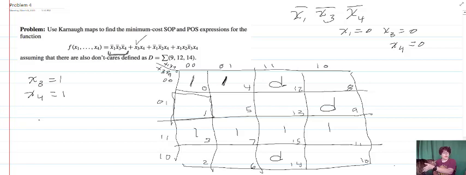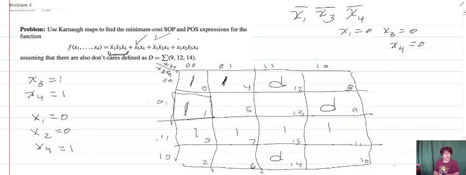Now this next one has x1 equal to 0, x2 equal to 0, and x4 equal to 1. So that should be a group of 2. So x1 is 0 and x2 are 0 in this column, and x4 is 1 here and here. So we already have a 1 here, so we're going to put a 1 here. So now both of those have 1s. So we did that one.